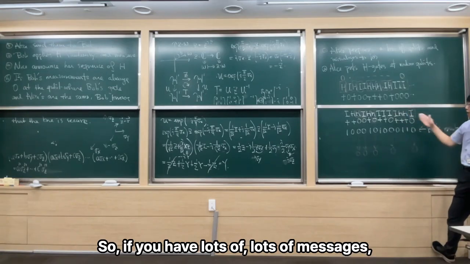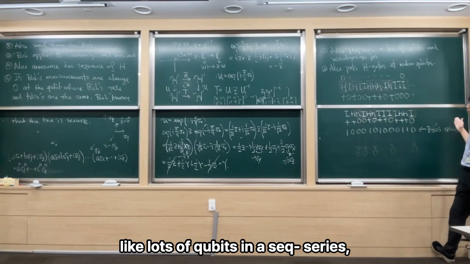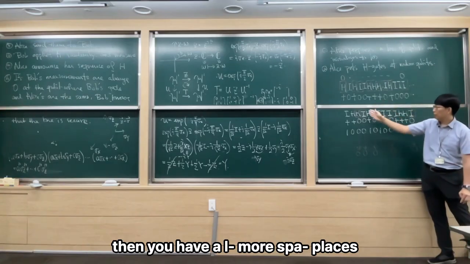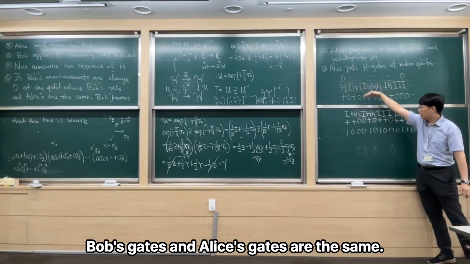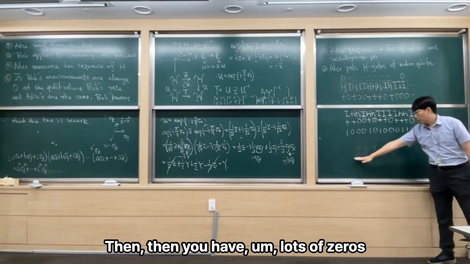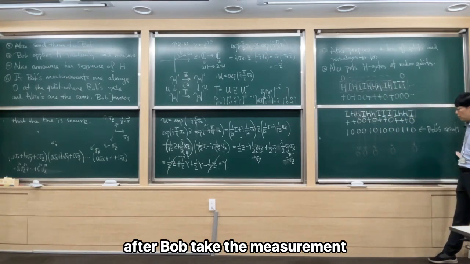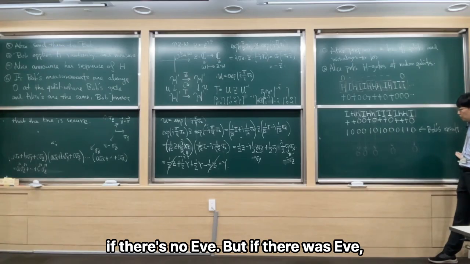So if you have lots of qubits in a series, then you have more places where Bob's gates and Alice's gates are the same. And then you have lots of zeros after Bob takes the measurement, if there's no Eve.